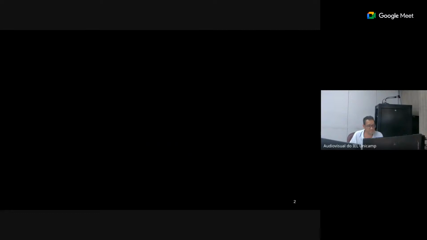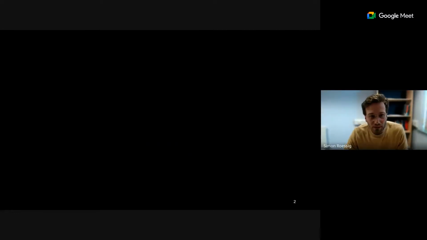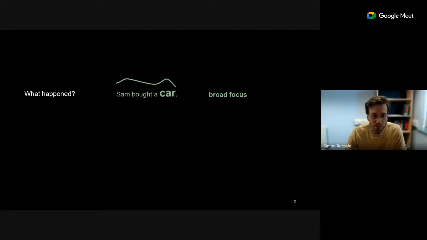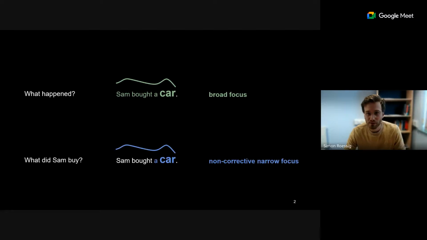Okay. So when we look at the placement of the nuclear pitch accent in a sentence in English, broad focus and narrow focus constructions can be quite similar. In these examples shown here, the nuclear accent is on the same word, car. In both cases, car is part of the focus, but in the broad focus case, everything else is also part of the focus, of course.